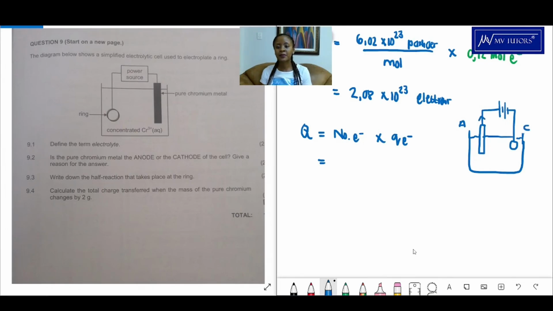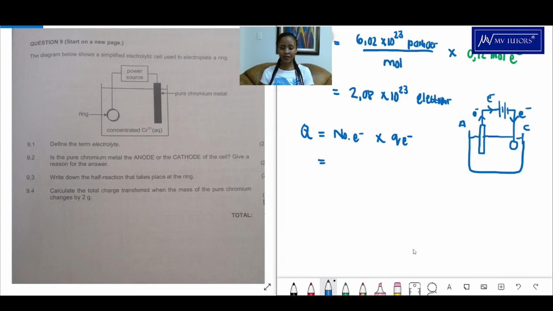So electrons are busy moving from the anode going all the way to the cathode. So they say the total charge transferred, you're going to have to deal with electrons here. You can't deal with chromium ions. You're dealing with electrons, and that is why our focus is around electrons. I hope you understand. If it was something within the electrolyte, like the solution, chromium ions, then yes, we would look for chromium ions. But here we're dealing with electrons when you talk about charge.